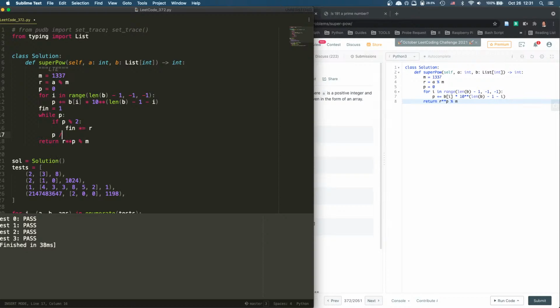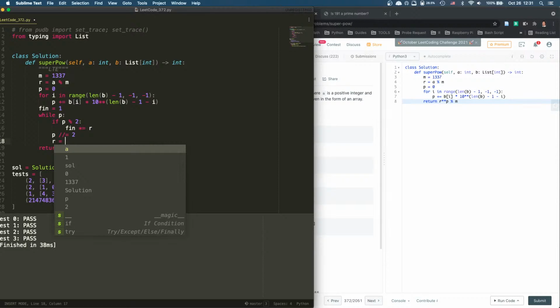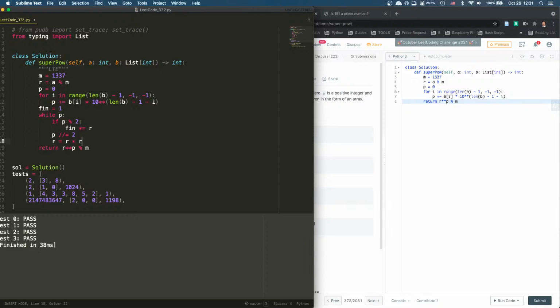So p, when we reduce p by half, and r shall equal to r squared, so r times r mod m. Right?